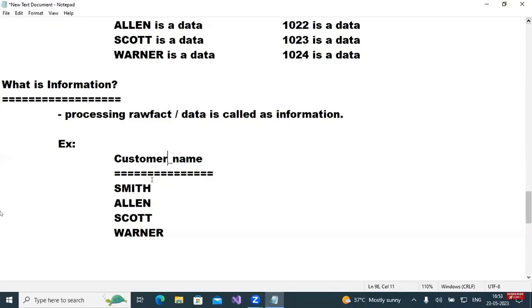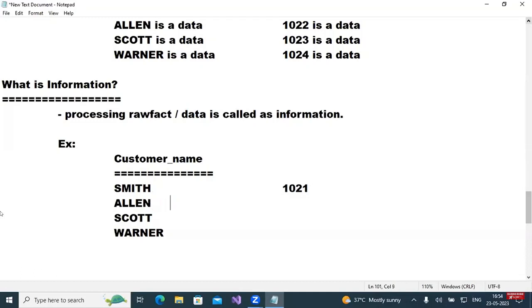When the data cannot be understood or predicted by the user, that is called a raw fact. Both look the same, but there is a slight difference.